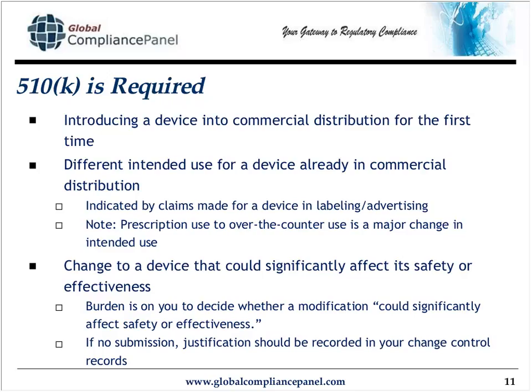And also a change to a device that could significantly affect its safety or effectiveness. The burden's on you. You have to decide whether a modification could significantly affect safety or effectiveness. And if you make a change, the justification should be recorded in your change control document, your records, ECOs, some people call them ECNs perhaps, as to why no submission is required, and also who made that determination.